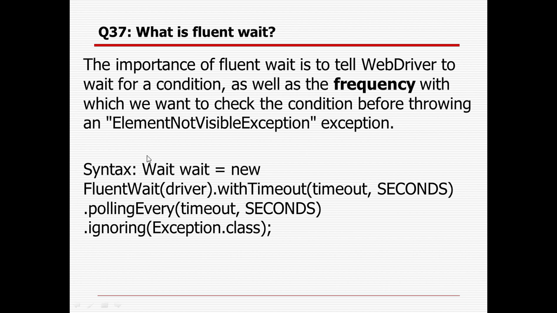So the syntax is: you need to create an object or instance using the Wait class, new FluentWait, you need to pass the driver, withTimeout seconds, then pollingEvery you need to give. So if the total timeout is 30 seconds and you give 10 seconds, every time it will check, right, ignoring exception on class.